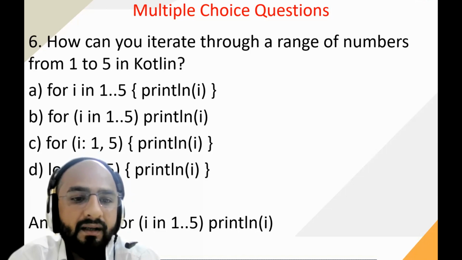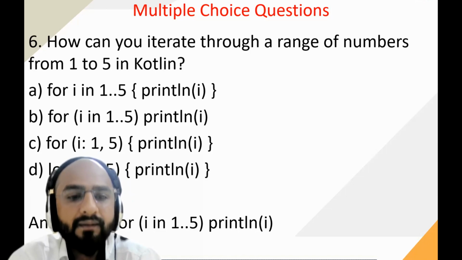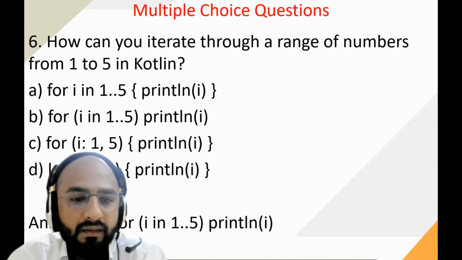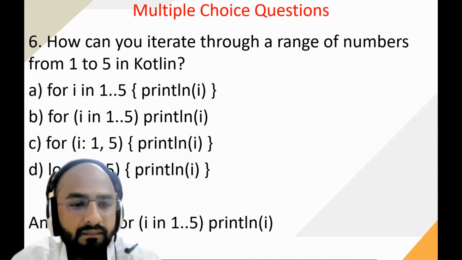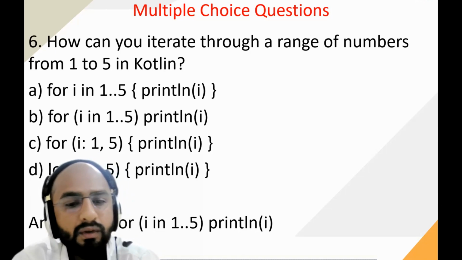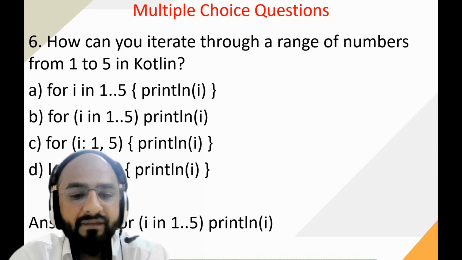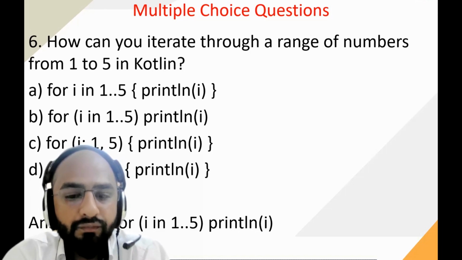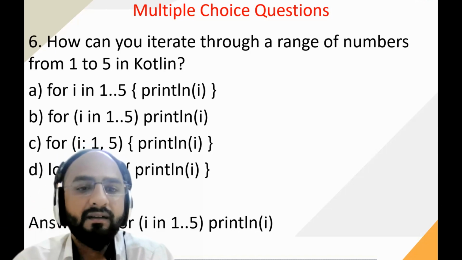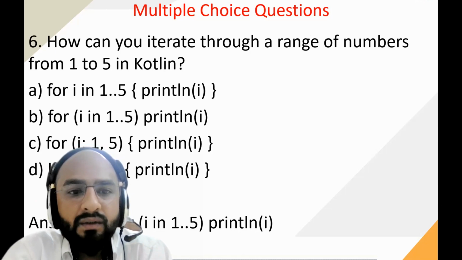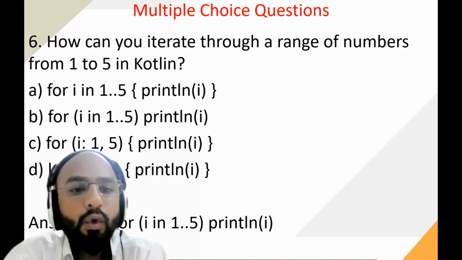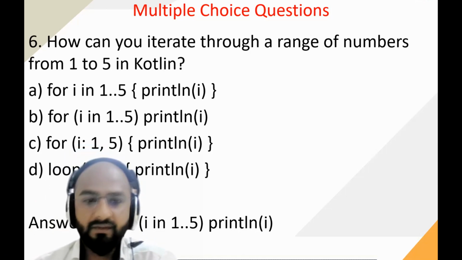In A, there is no bracket. In B, there is a round bracket. C, for i colon 1 comma 5. D, loop 1 dot 5. So the right answer is B. For i in 1 dot 5 is the right syntax to iterate the loop by using that range function.